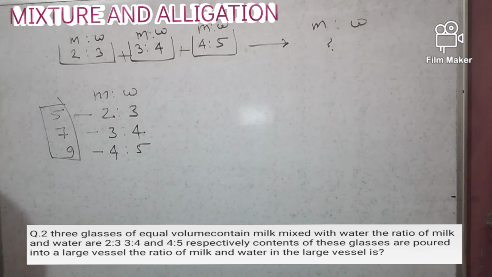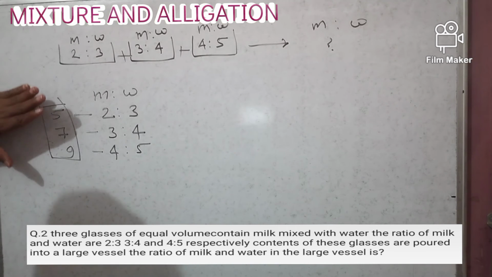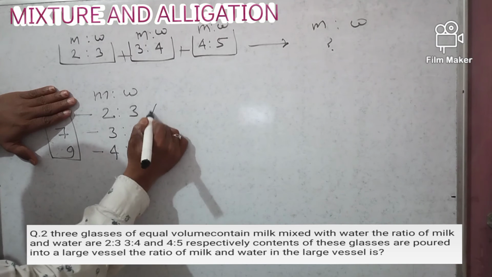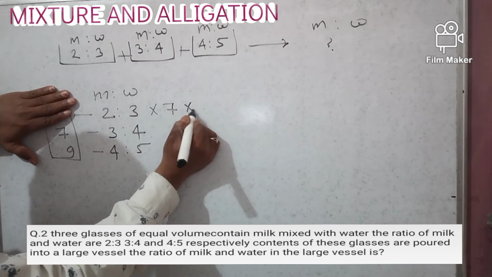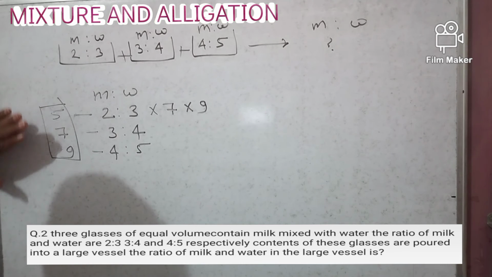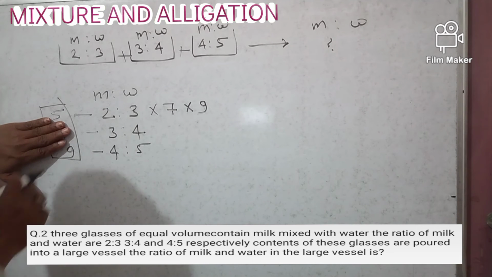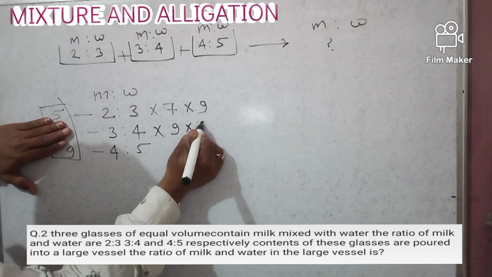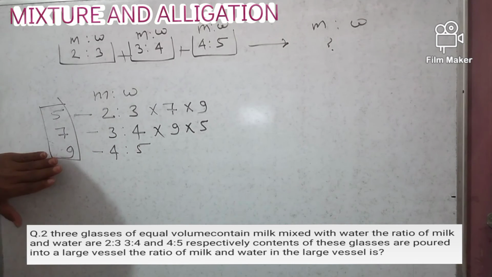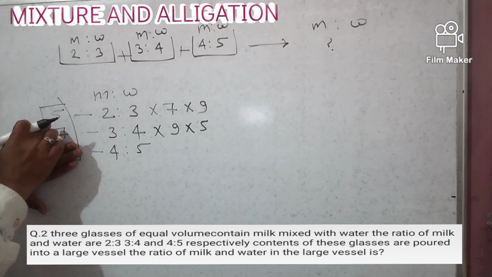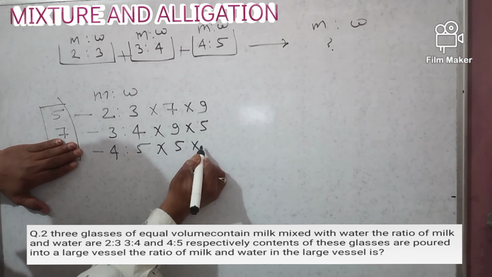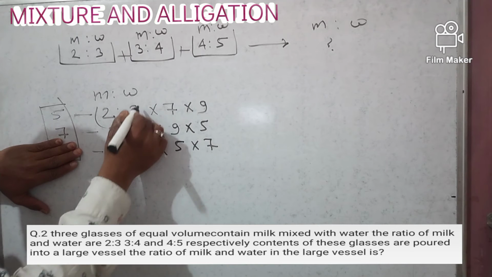So we can do one thing. Hide the first and multiply by 7 into 9. Now second, hide this and multiply with 9 into 5. Now hide this and multiply with 5 into 7, with the whole ratio.